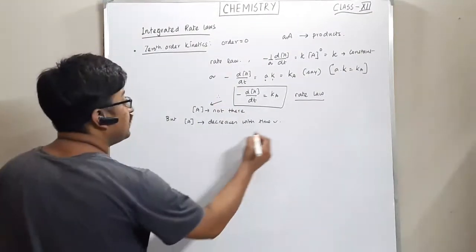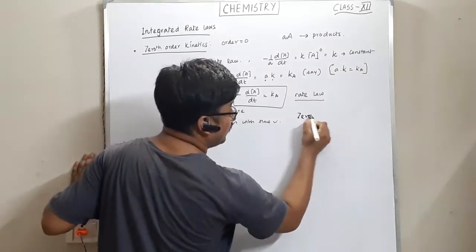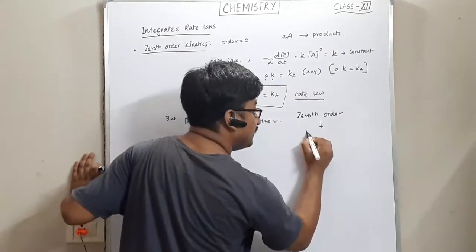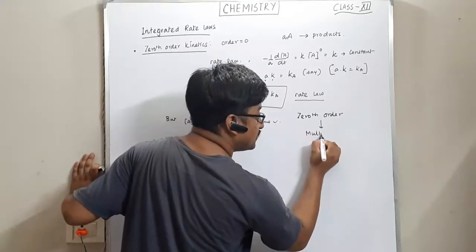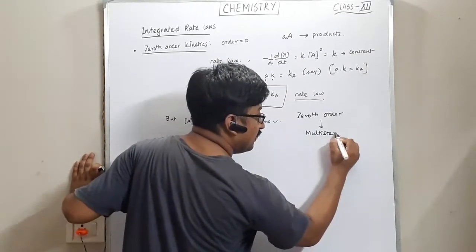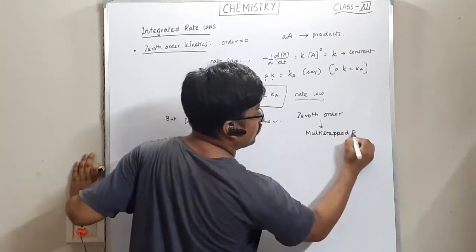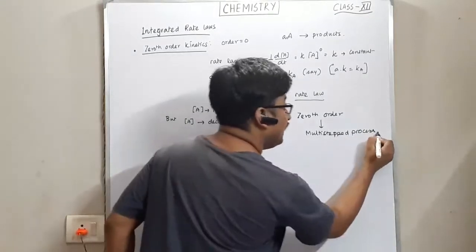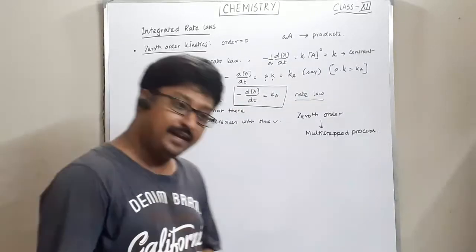So that is the reason why the zeroth order reaction is a multi-step process. Why? I am telling again.